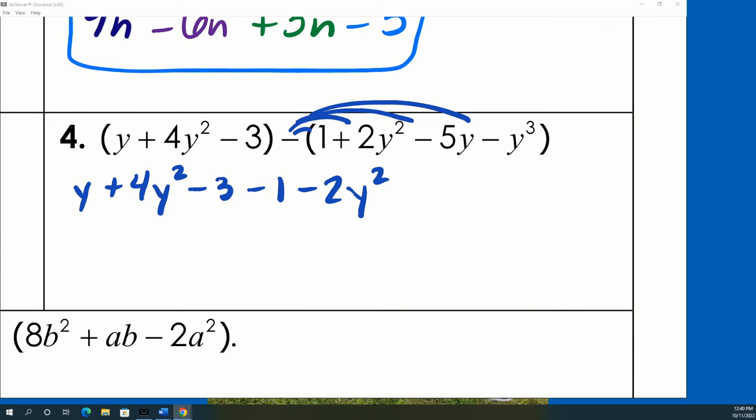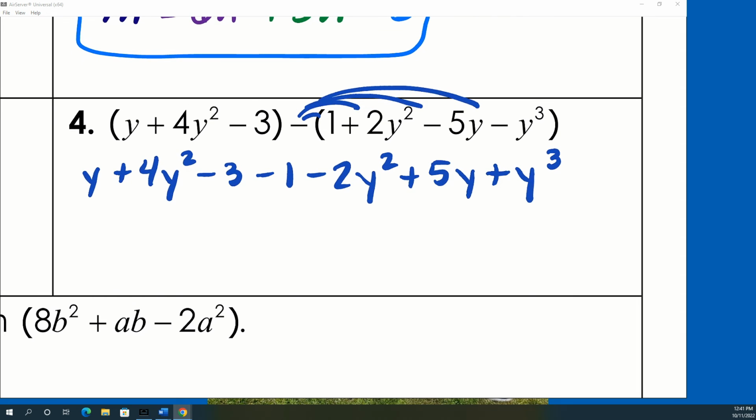So in the second set of parentheses, all my pluses become minuses and all my minuses become pluses. Then I'm going to start with my largest exponent, which is y cubed. And since it was the only one I had, I'm just going to bring it over.